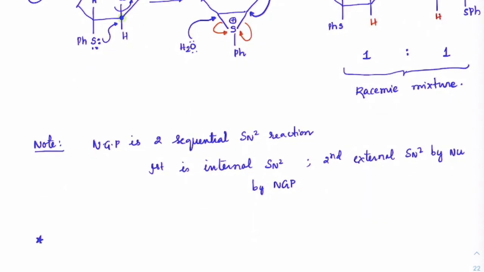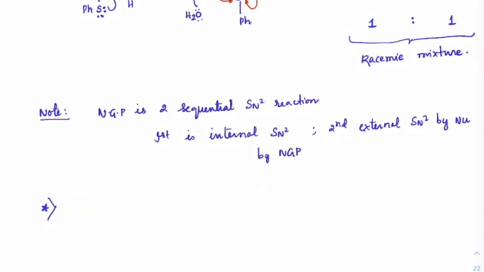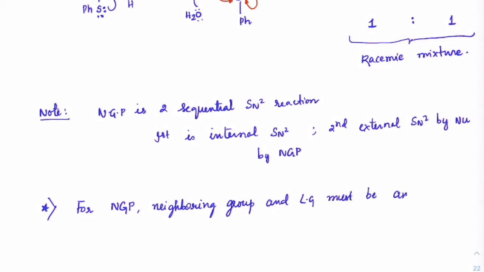So I will write it as a note here. For NGP, the neighboring group and leaving group must be anti to each other.